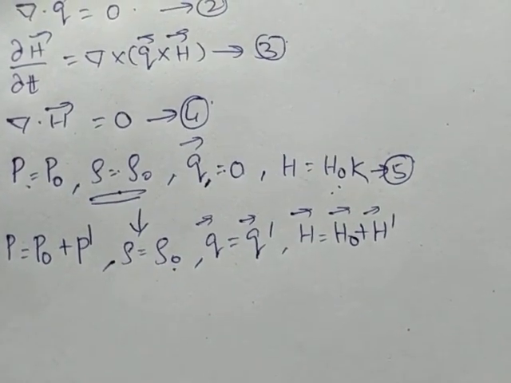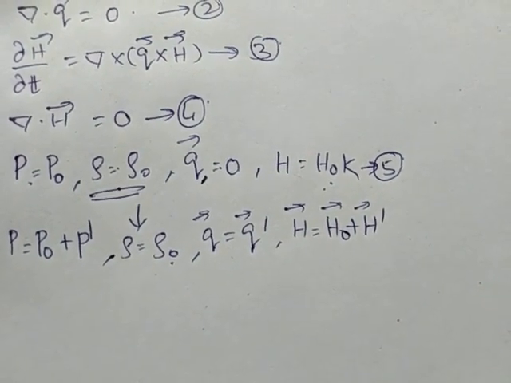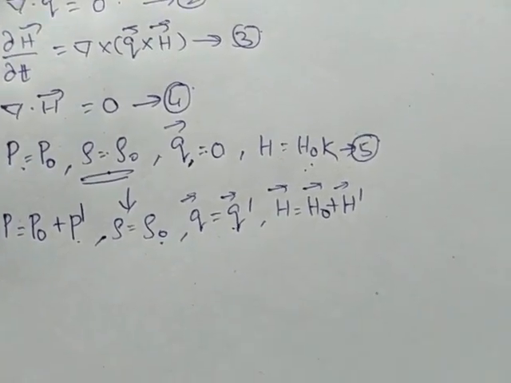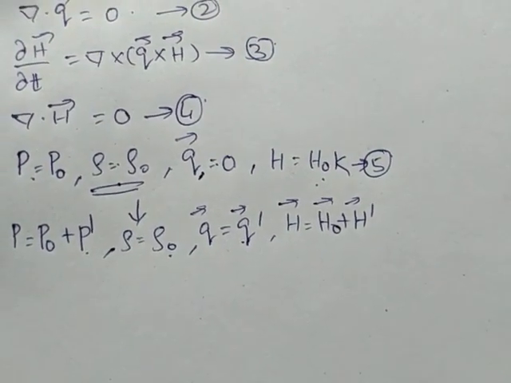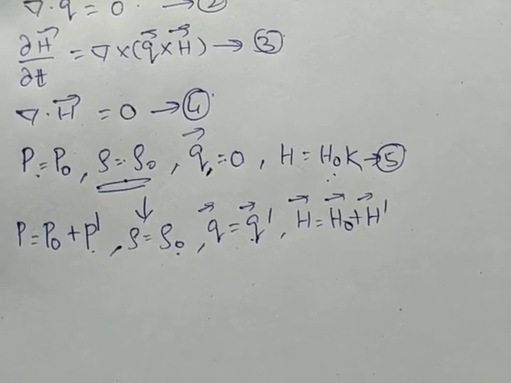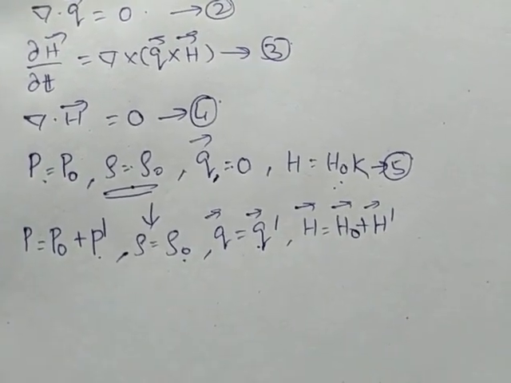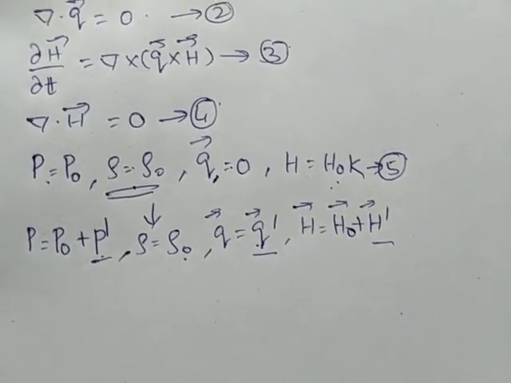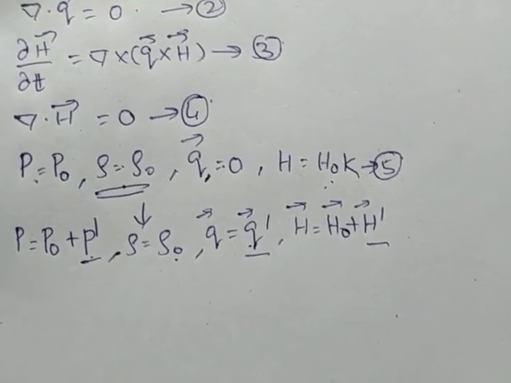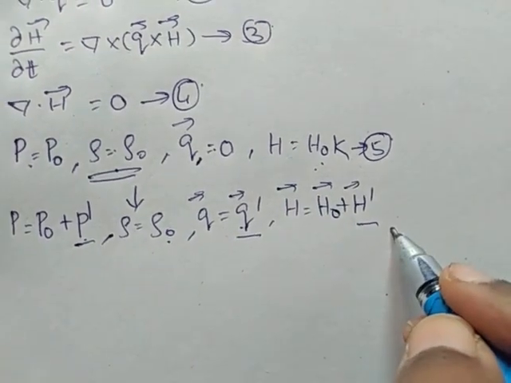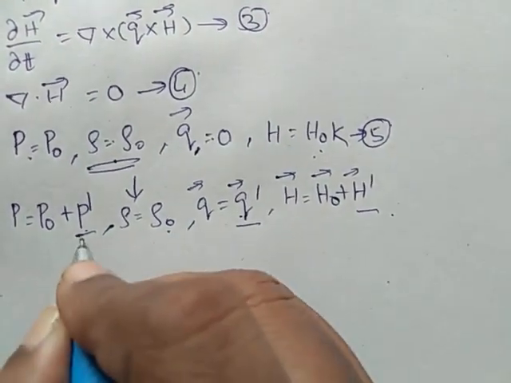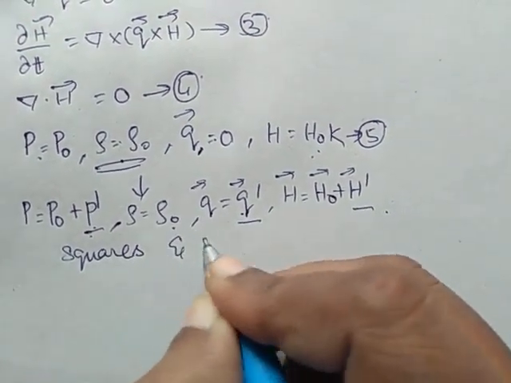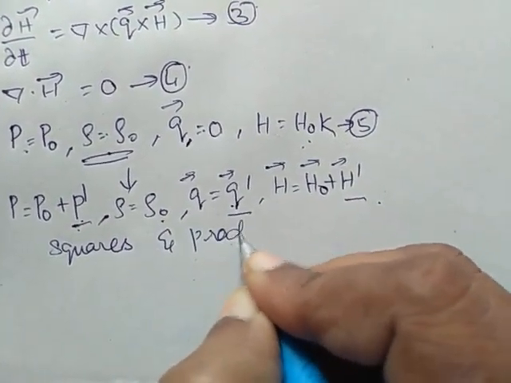Here P dash, Q dash, H dash are perturbation quantities, and these quantities are very small because we have applied a very small disturbance. Hence there exist only small changes. Since these terms are very small, the square of these terms and the product of these terms will be even smaller.